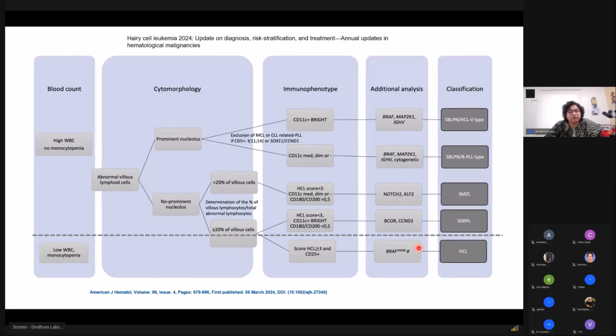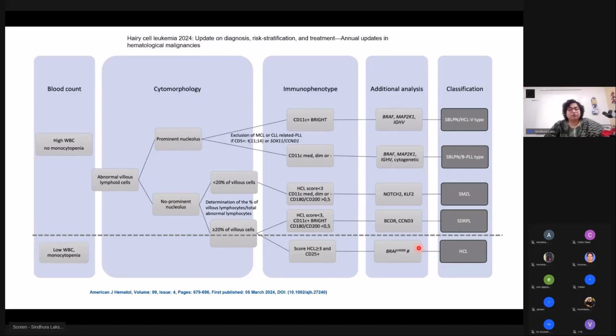If the morphology shows villous lymphoid cells, and the cells have prominent nucleolus, then one diagnosis is HCL variant, after you exclude mantle cell lymphoma or CLL related, the PLL, earlier what we used to call as PLL. If CD5 is positive, then look for the 11;14 translocation for MCL, or do SOX11 and CCND1 to rule out mantle cell lymphoma.